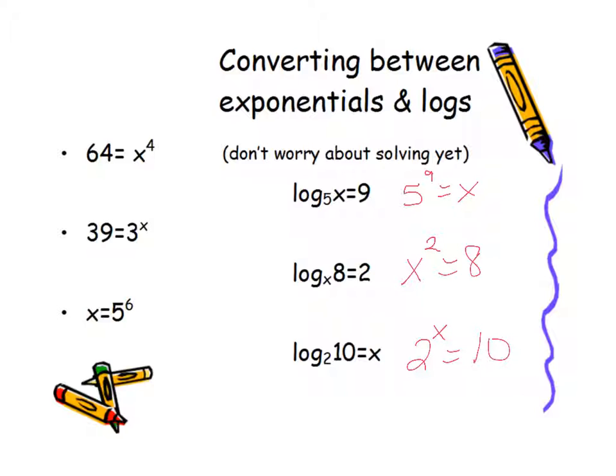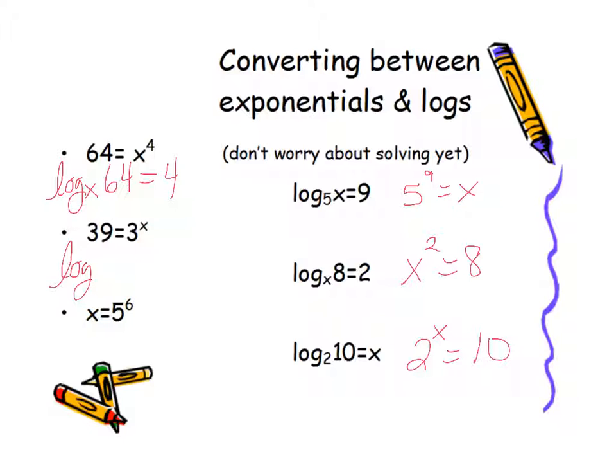On this first example, I have 64 equals x to the 4th. I'm going to write log. The base of this exponential, the number being raised to a power, is x. It'll be log base x of 64 equals my exponent. Let's try again. Next one, log.